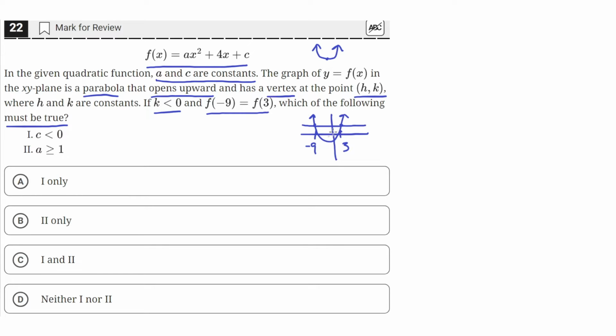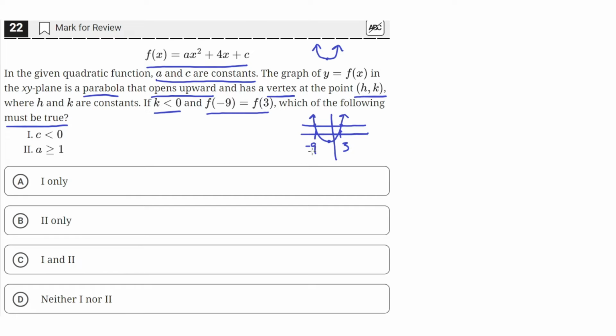And a parabola has a property that for equal y values at two points on a parabola, they are equidistant from the vertex of the parabola. That means the horizontal distance from the vertex to negative 9 is the same as the distance from the vertex to 3.